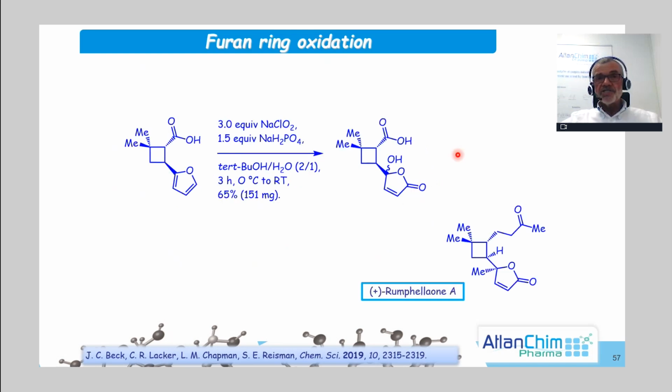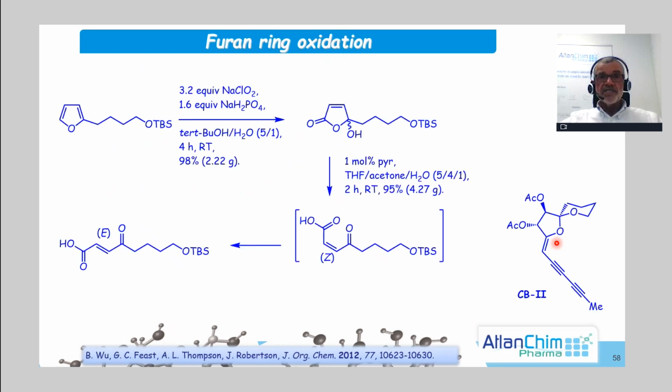In the enantioselective total synthesis of this natural meroterpenoid, sodium chloride furan ring oxidation of this intermediate delivered the desired gamma-hydroxybutenolide in 65% yield.